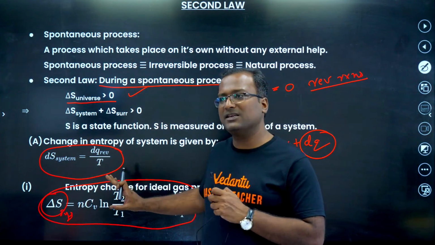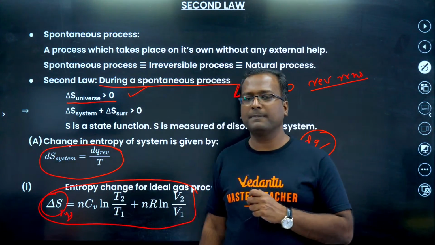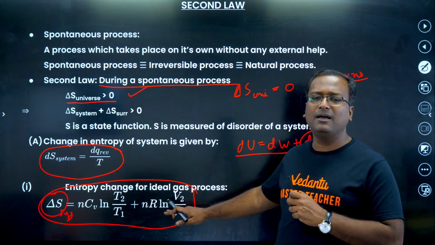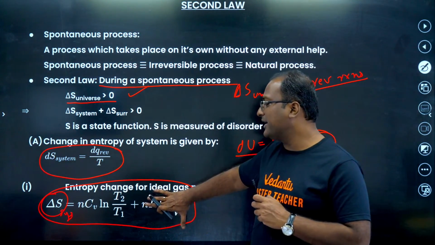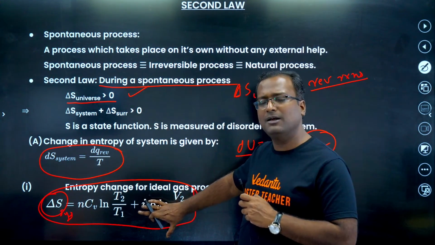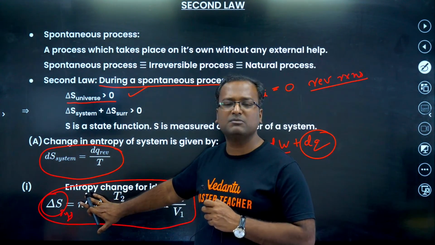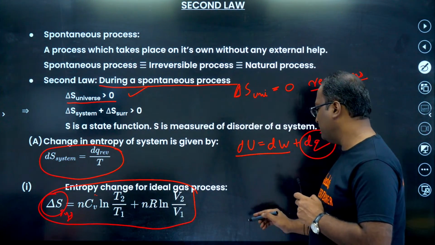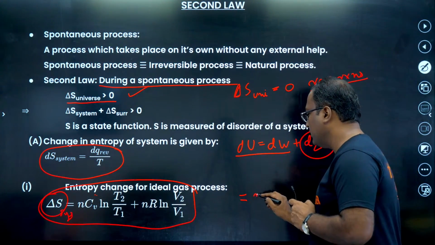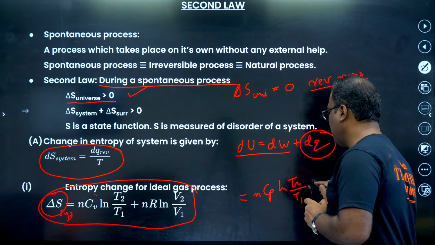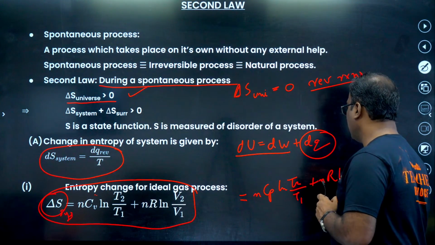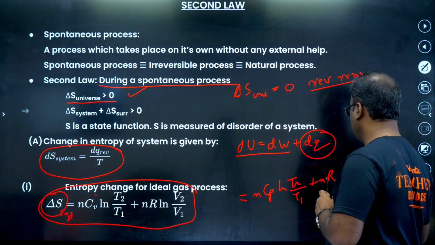I hope the application of this formula is clear, guys. How will you apply this formula? Isochoric means there's no volume change. Second term 0. Isothermal, no temperature change. First term 0. And we can always write this in terms of pressure: nCp ln T2 by T1 plus nR ln P1 by P2.